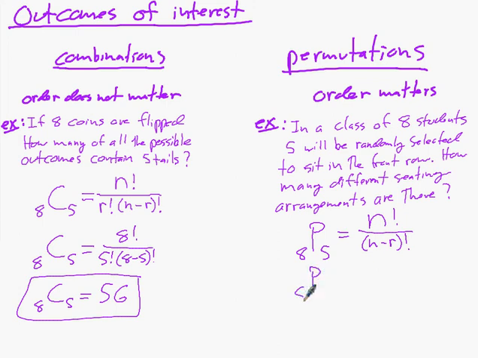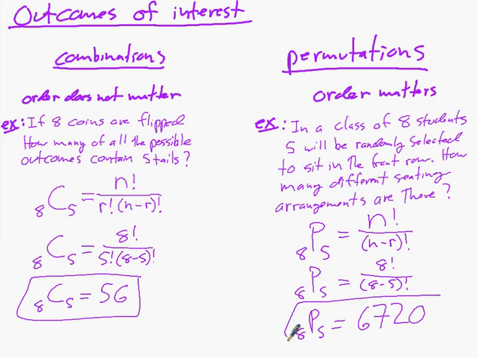So you can plug the numbers in, you can do it out, and this turns out to be 6,720. And I use the same numbers on purpose. Notice that this is 5 and 8, this is 5 and 8, because the results are really quite dramatically different, depending on whether order matters or not.